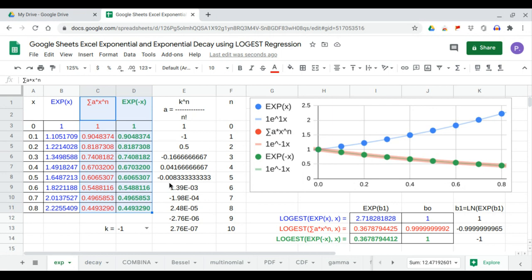So the red and green data sets are the same, and the regression coefficients are also the same. So this completes the use of the exponential function, LOGEST, and array formula to generate the exponential and exponential decay function.